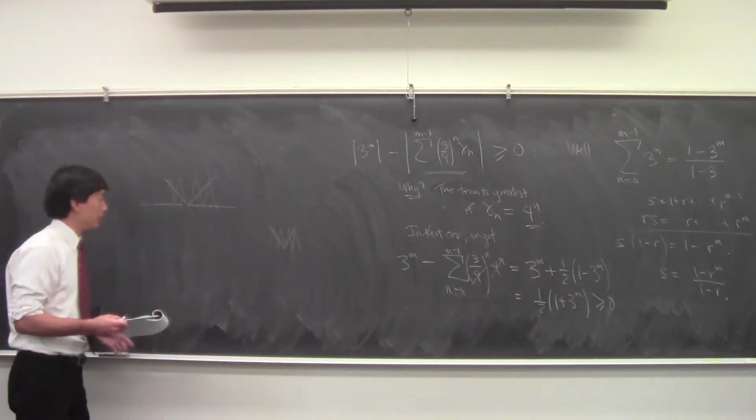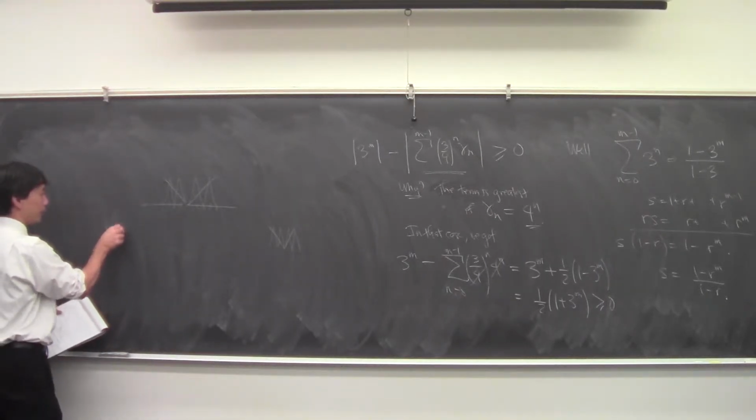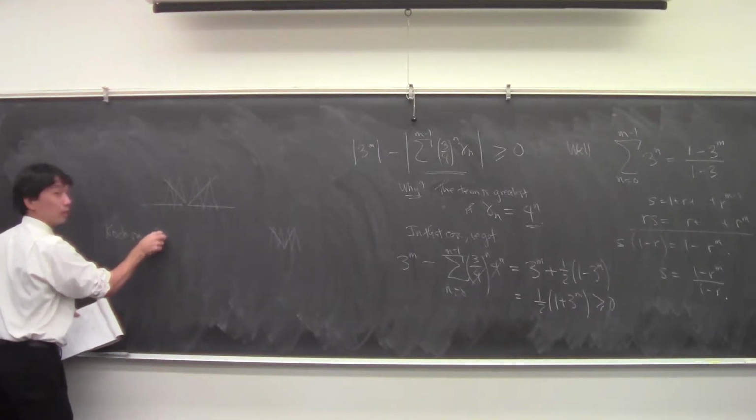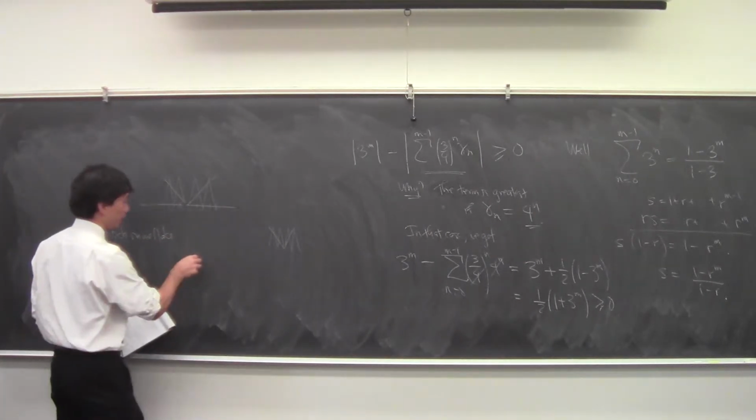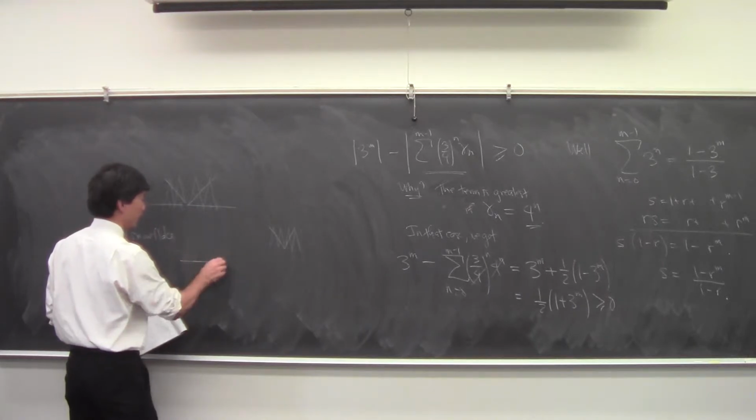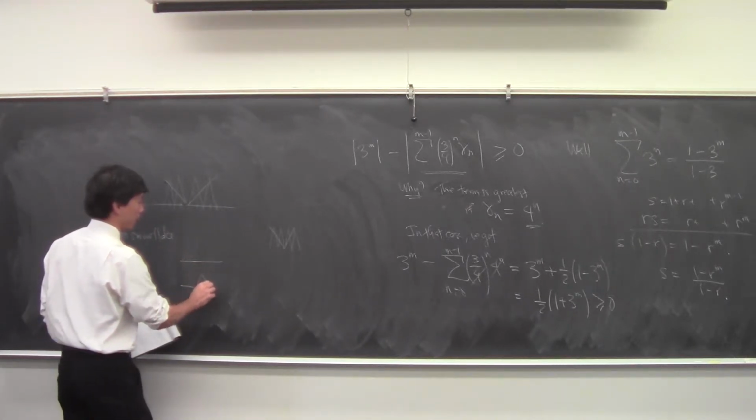Have you ever heard of the Koch snowflake? It's something similar to that. You take your line, and then you add a spike onto the line.